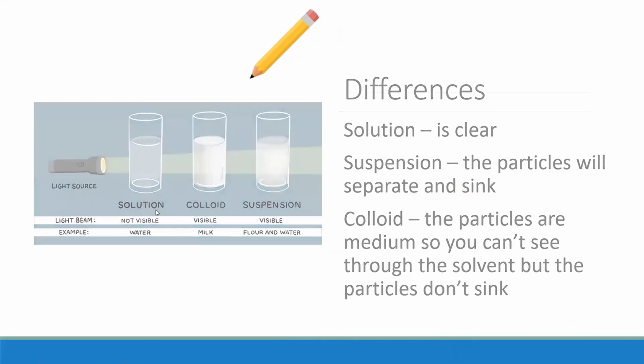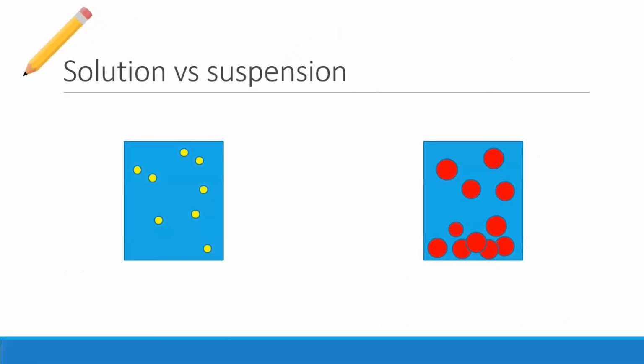We've got 2 pictures here. On the left, we've got a solution. On the right, we've got a suspension, which is, this is dissolved. This is not dissolved and sinking.